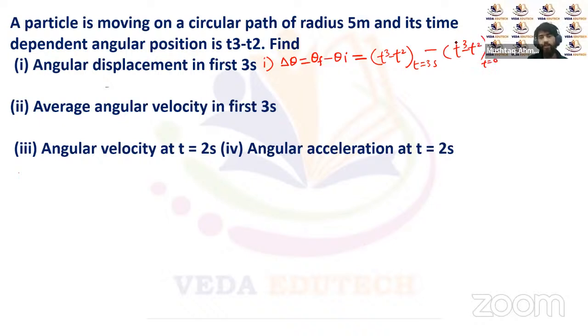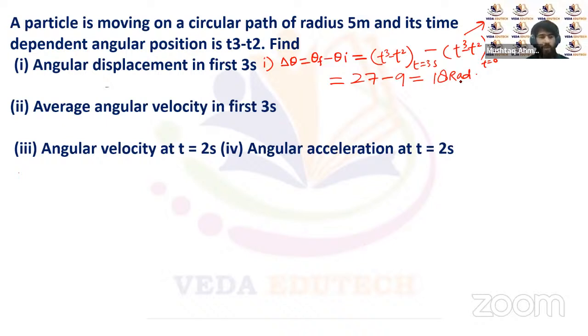At t equal to 0, the initial angular position will be 0, and at t equal to 3 seconds, the final angular position will be 27 minus 3 square, that's 9. So 27 minus 9 is equal to 18 radians. This will be the angular displacement after time t equal to 3 seconds.